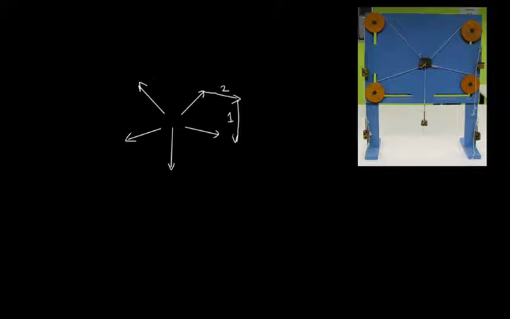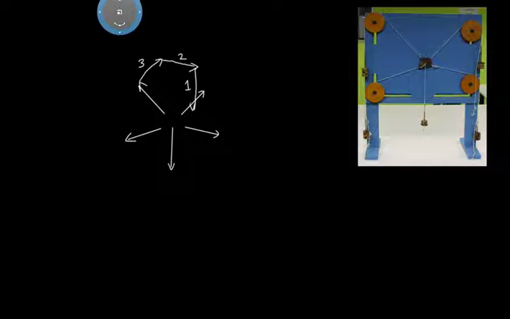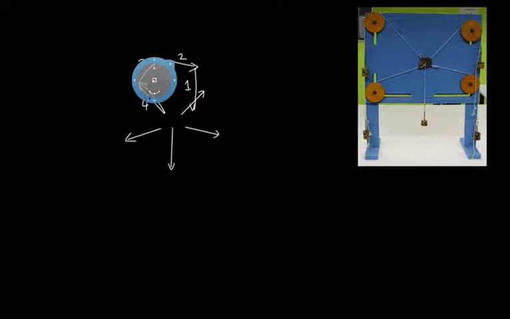We've moved it there, so now we just need to trace it. And that's number 3. Now we add the 4th one. That's number 4. And finally we move it so that we can trace on the 5th force.